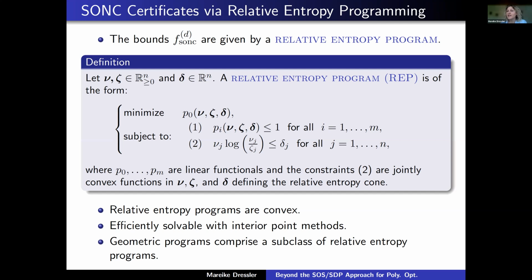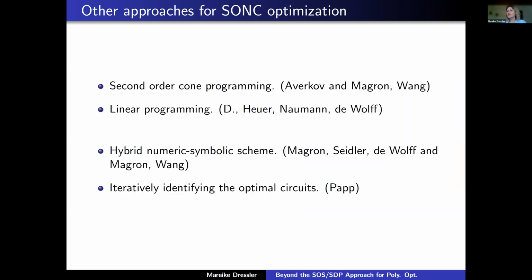There are other cases and other approaches for SONC optimization, in fact. The SONC cone also admits a second order representation, so we can also use second order cone programming for solving SOS or SONC optimization.